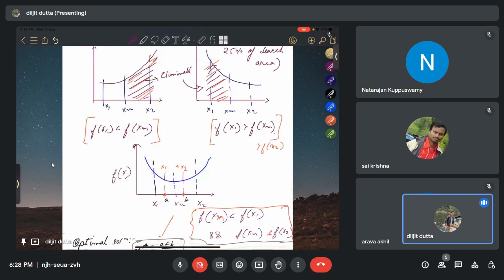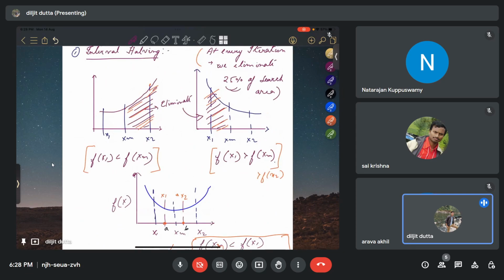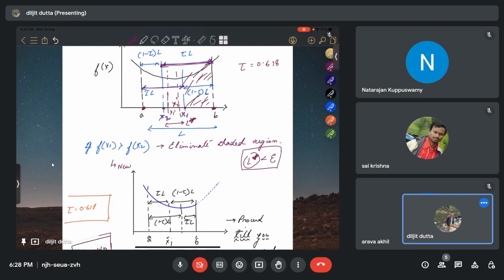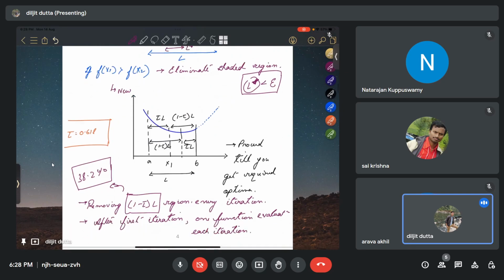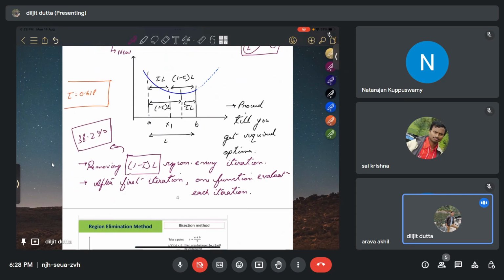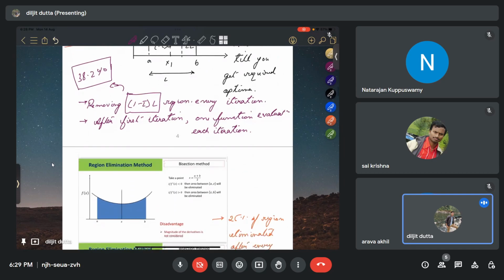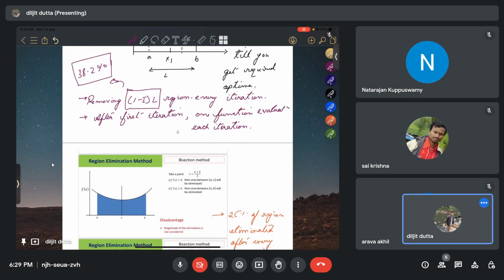In interval halving, we saw that we are removing only 25% in every iteration. So it will take more time to get to the optima in the interval halving method compared to the golden section search method. So golden section search is a very efficient and economic method for getting the optima.